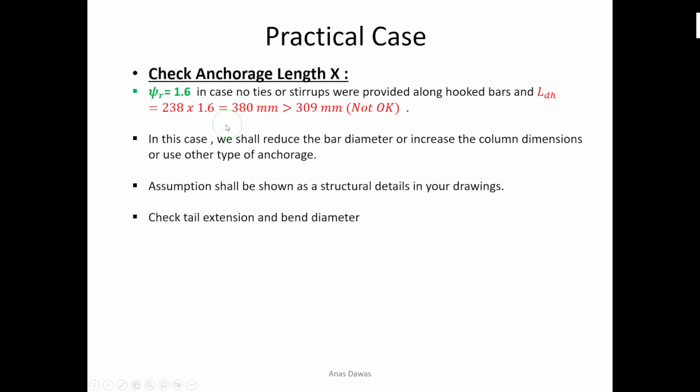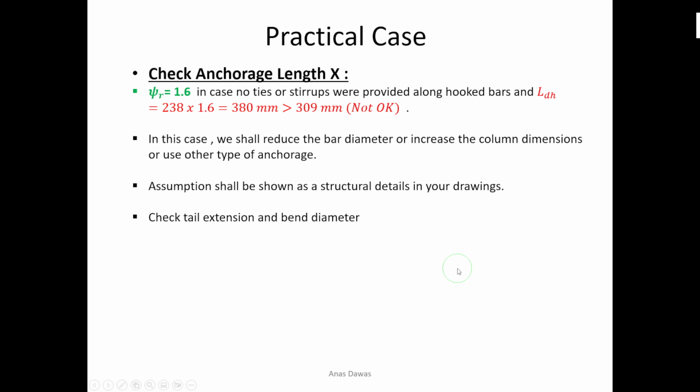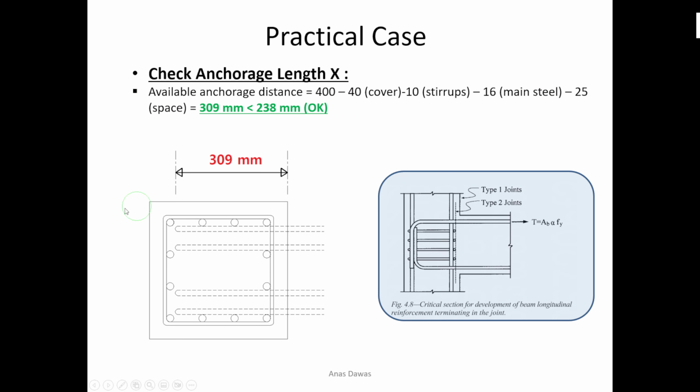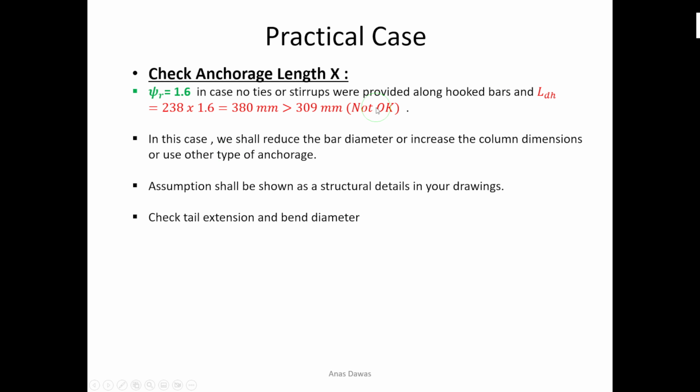In this case, the LDH, or the minimum horizontal length of the top bars, will be 380 millimeter, which is more than the available distance we calculated here. So in this case it is not satisfied, and you have to reduce the bar diameter, increase the column dimensions, or use another type of anchorage.